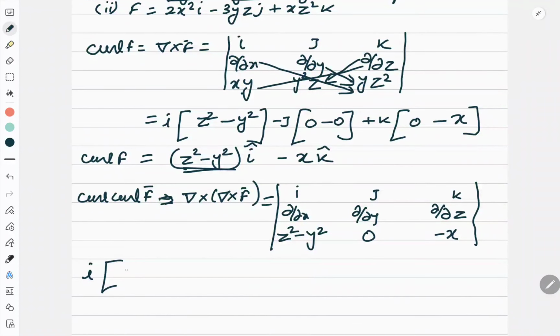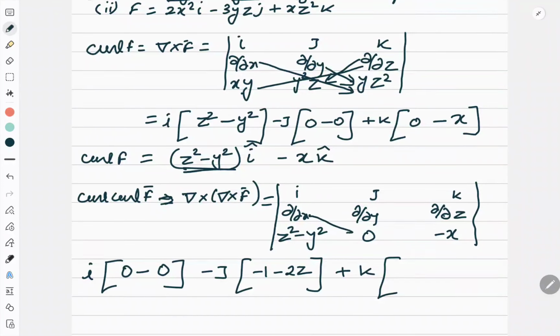∂/∂y of minus x is 0. Minus ∂/∂z of 0 is 0. Minus j. ∂/∂x of minus x is minus 1. And ∂/∂z of this term is 2z. Plus k. ∂/∂x of 0 is 0. And ∂/∂y of this is minus 2y.